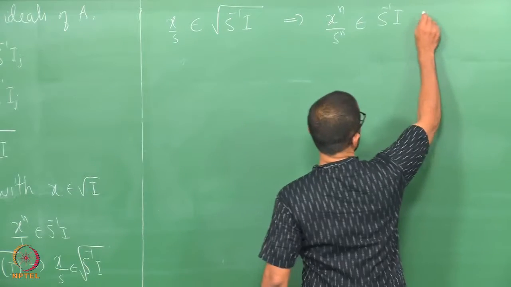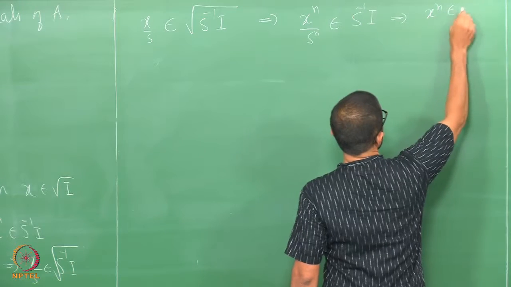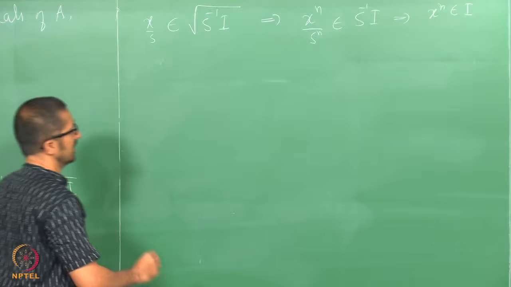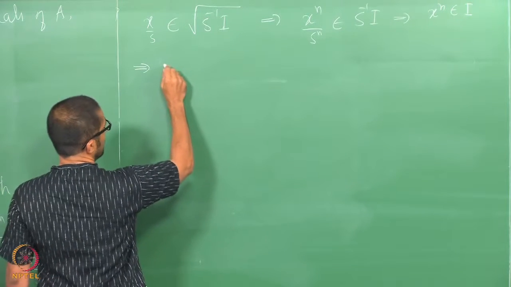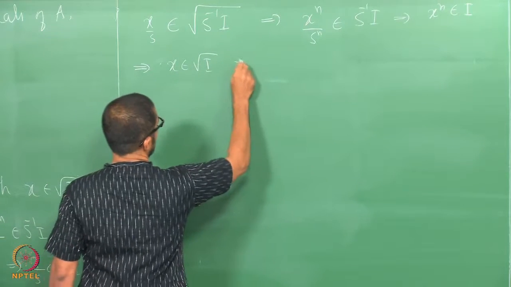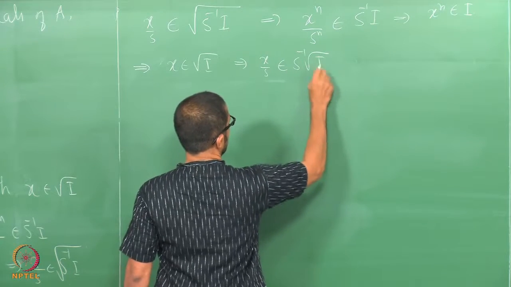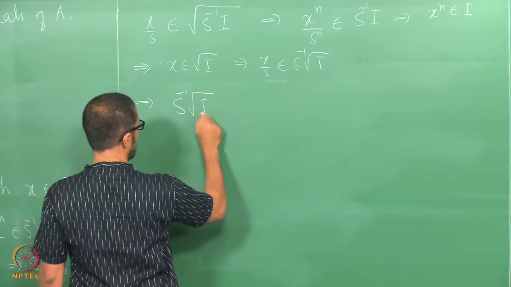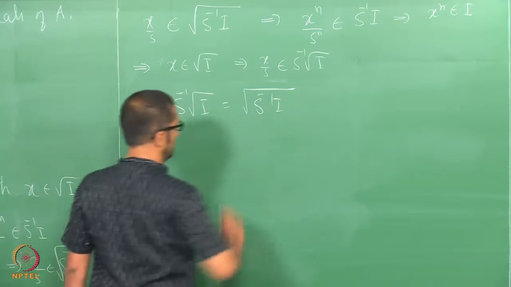So, I can write that x power n is in I. This implies that x is in radical of I, that implies that x by s is in S inverse of radical of I. So, this implies S inverse of radical of I is equal to radical of S inverse of I.